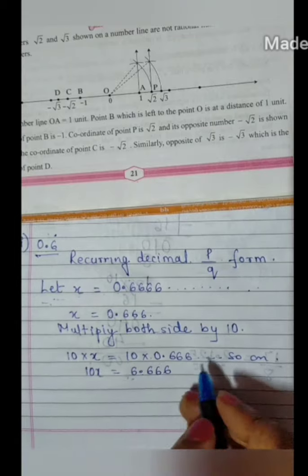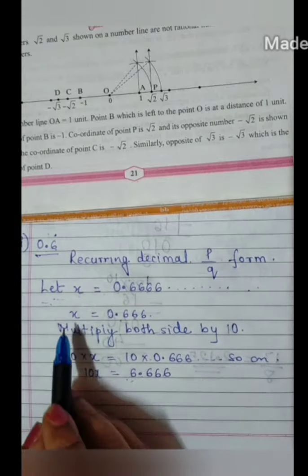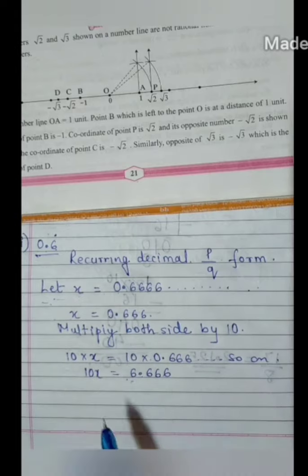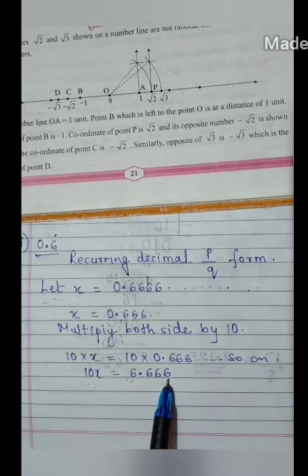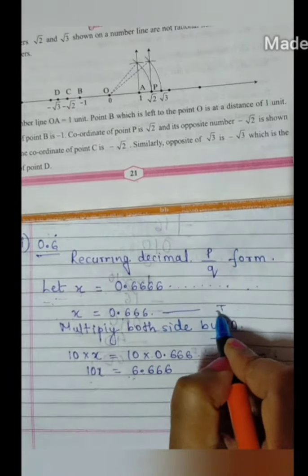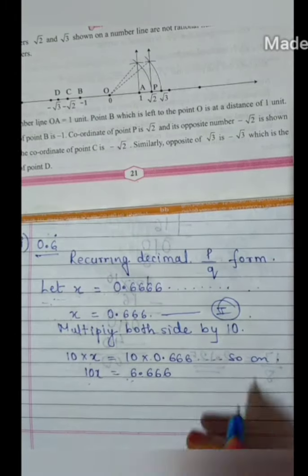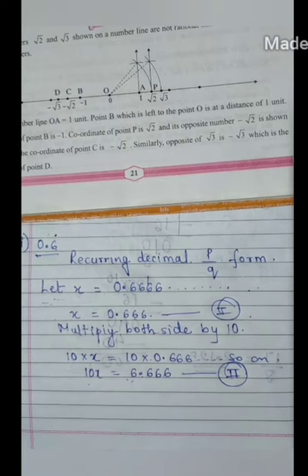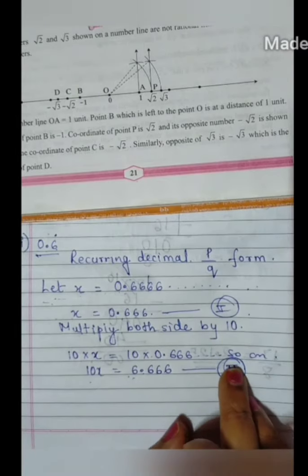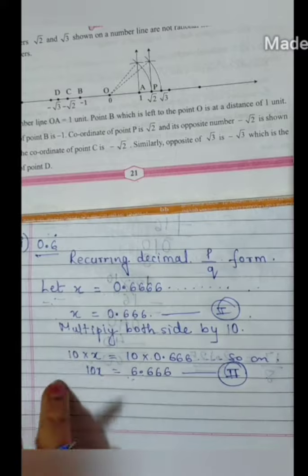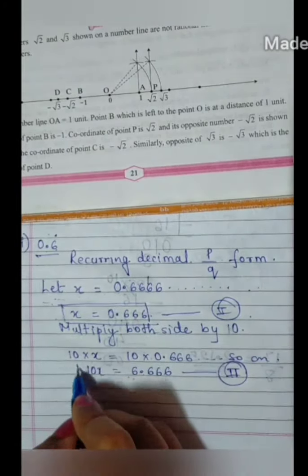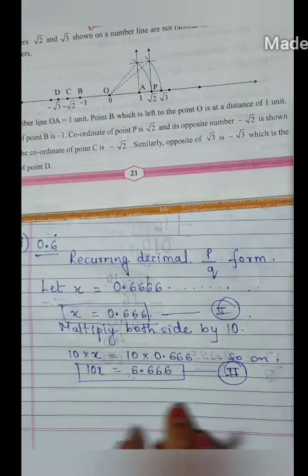Okay, now as you can see, we have x is equal to 0.666, and here we got 10x equal to 6.666. So this we will consider as the first equation and this as the second. Okay, student, now these both we have to subtract.